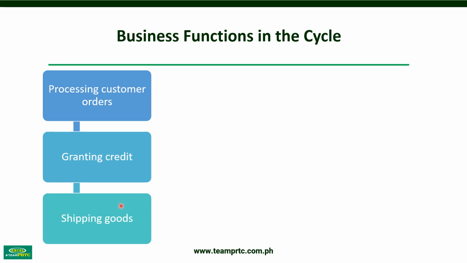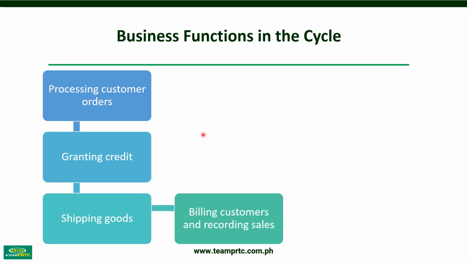Now, once the goods are shipped to the customer, the next step is to bill the customer. So in billing the customer, the relevant department naman this time is the billing department. So normally for smaller companies, the billing department is also handled by the accounting department. For larger companies, there would be a separate billing department that would also be under the accounting department or the finance department.